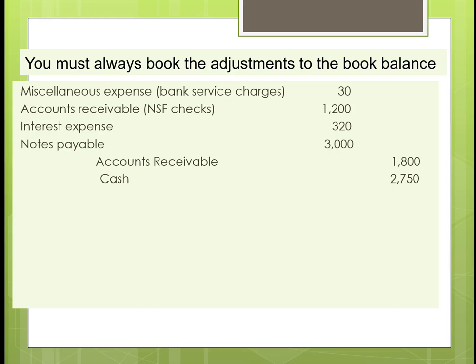And we're also going to do the difference, which is the cash. Now, check beginning book is 38,918 minus this adjustment of 2,750, and we get back to our existing balance. And that ends this presentation, part 3.